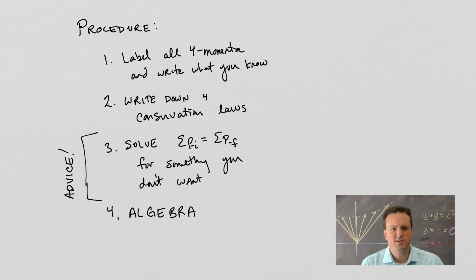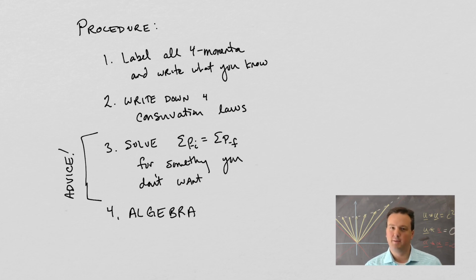Okay, so here's the procedure when you see a problem of collisions in special relativity. First, and this is going to remind us of how we dealt with collisions before, you want to start by writing down all of the four-momenta for your initial states and your final states. Once you have all of those four-momenta, you're going to write down the conservation laws that correspond to each of the four conserved quantities, the three spatial components of the four-momentum and the time component.